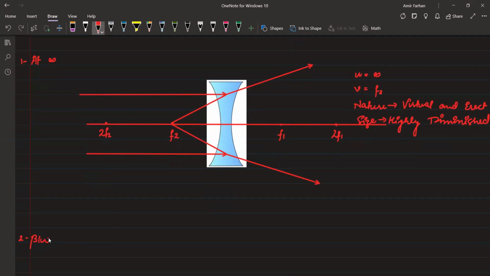So the second case says that wherever you place your object between infinity and optical center, you will get the same result.